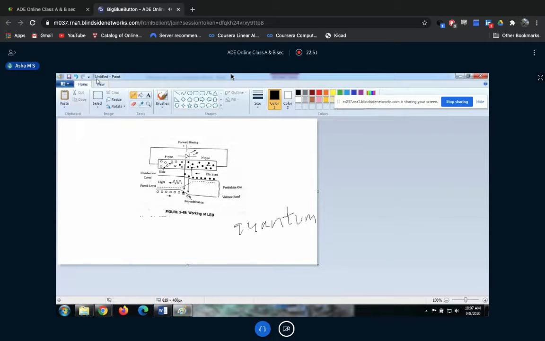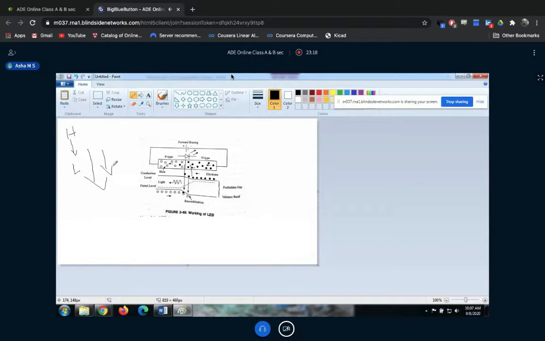Whenever an electron changes its state from a higher energy level to a lower energy level, light is emitted. This is what the quantum theory says, and you can see the same thing happening here.